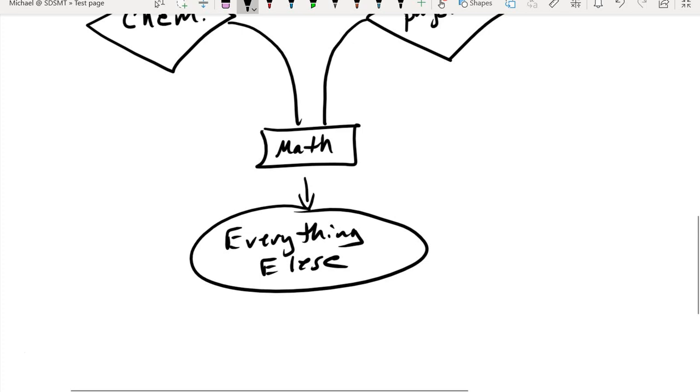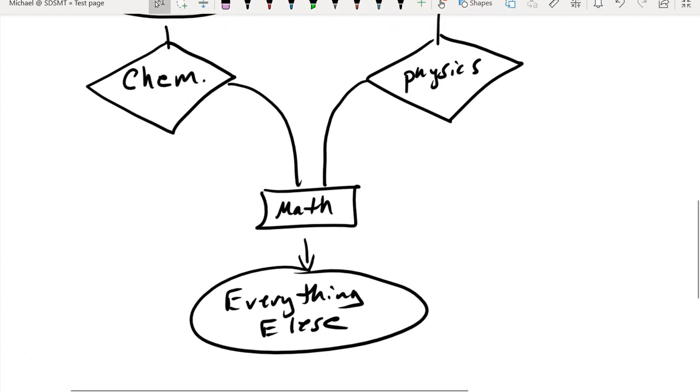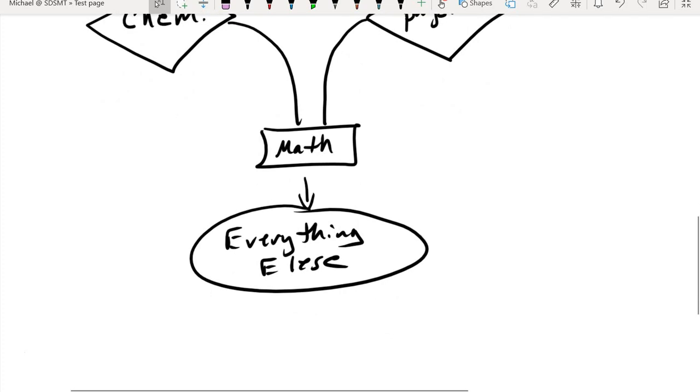Any other kind of science or engineering class is going to be some combination of physics and chemistry along with some mathematics. This is why everyone, regardless of their program of study, has to take a certain amount of physics, a certain amount of chemistry, and a whole lot of math, because these are the foundation courses that allow us to explore all those other topics.